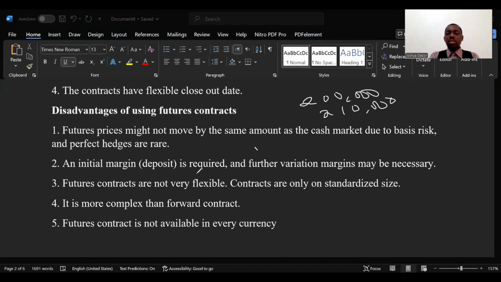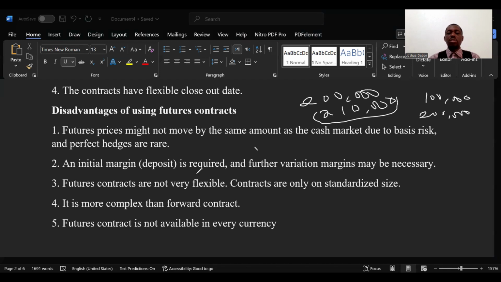So if the price of 1 unit of each contract is, say, 100,000, and you want to buy the contract, you are buying in units. If you buy 2 contracts, that means it will be 200,000. But if your receivable or payable is 210,000, that means if you buy 2 contracts, it will be 200,000.